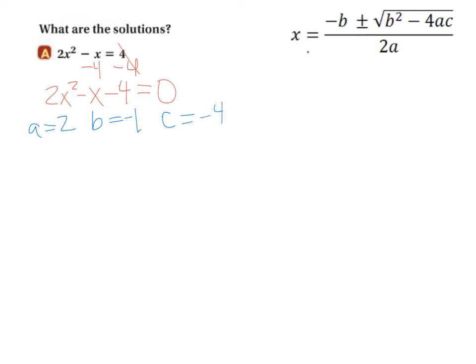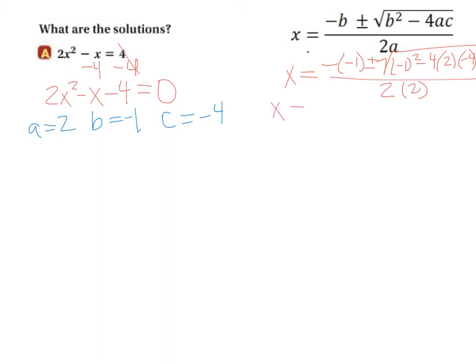And then I'm just plugging them into my formula. So x is going to be equal to the opposite of negative 1, plus or minus the square root of negative 1 squared minus 4 times 2 times negative 4, all over 2 times 2.